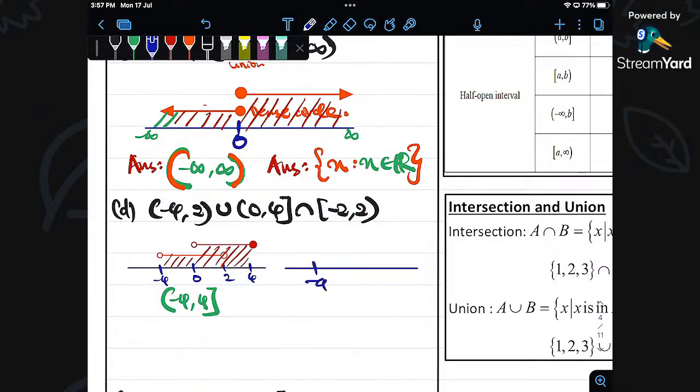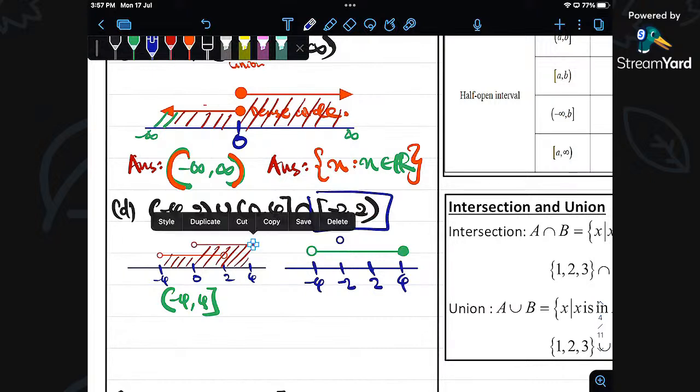Jawapan apa? The negative 4 and 4 lah. Kita pakai jawapan negative 4 and 4 dan kita lukis di sini. One is open, one is closed bracket. And then another answer is this part haven't finished, so we put negative 2 and 2. So kita punya kerja adalah perlu buat number line from negative 2 until 2.